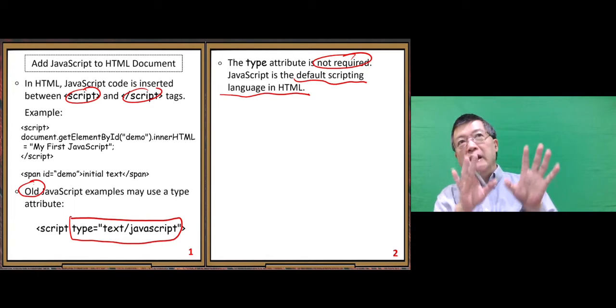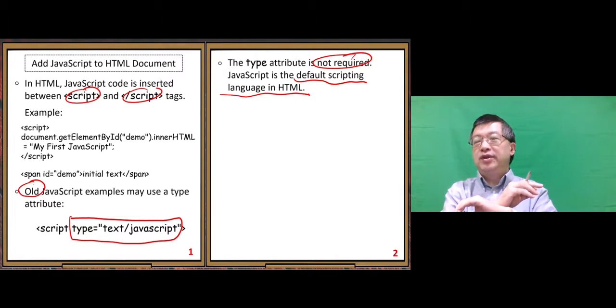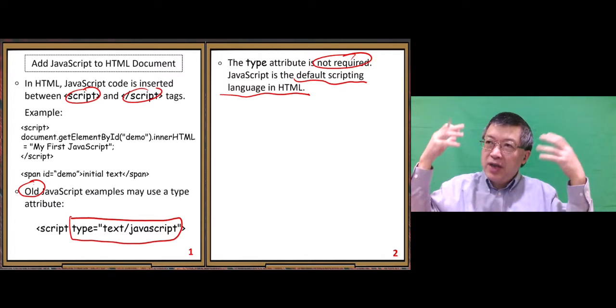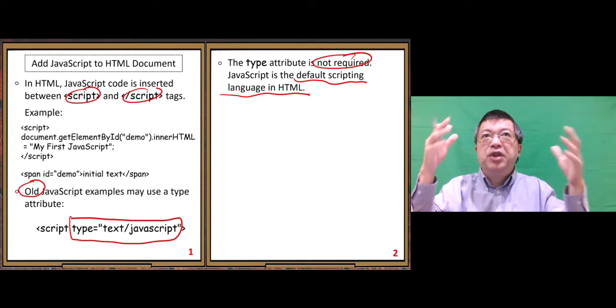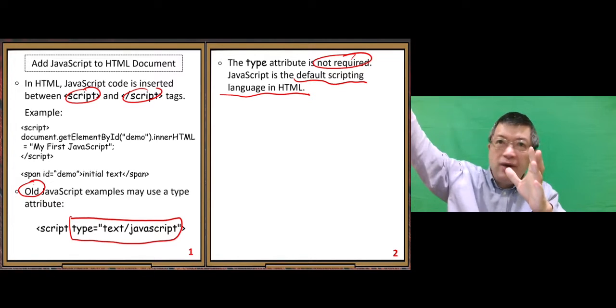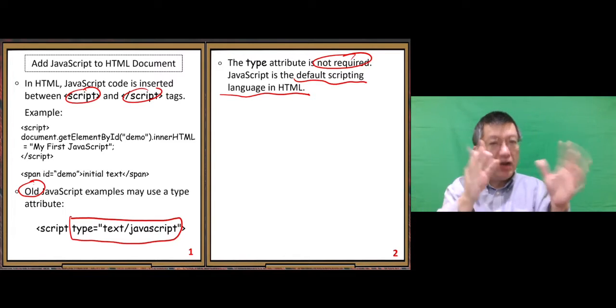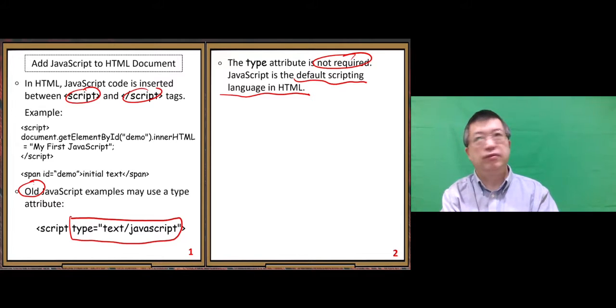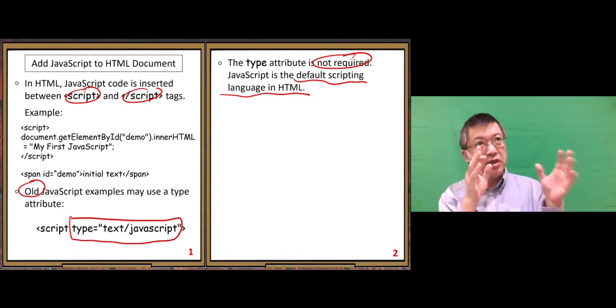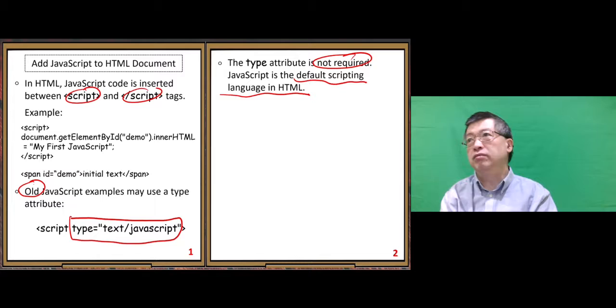At the beginning, in the early time of JavaScript, when people used it inside the web browser, people did not know if there were other scripting languages the browser needed to support. Microsoft's JScript, for example: other than supporting JavaScript, browsers also needed to support Microsoft's JScript.